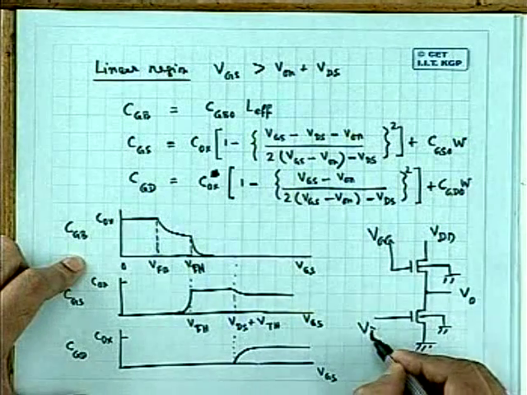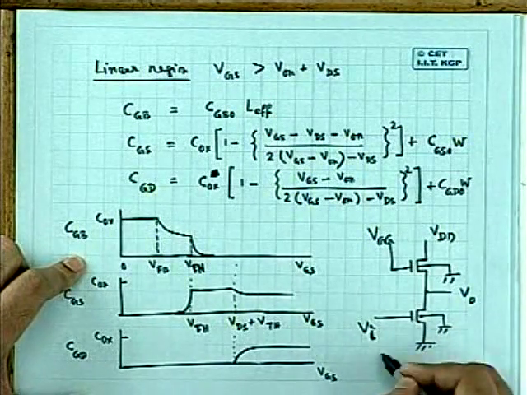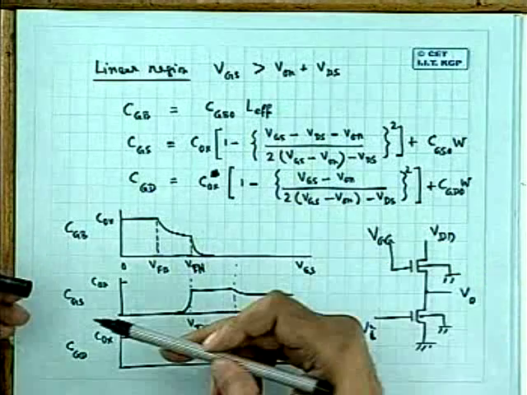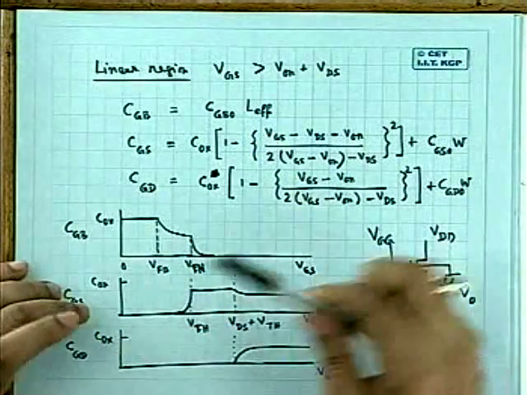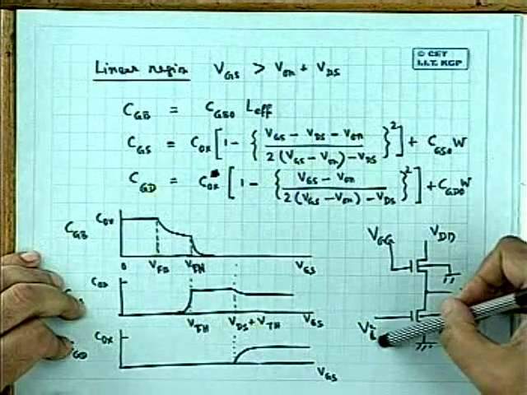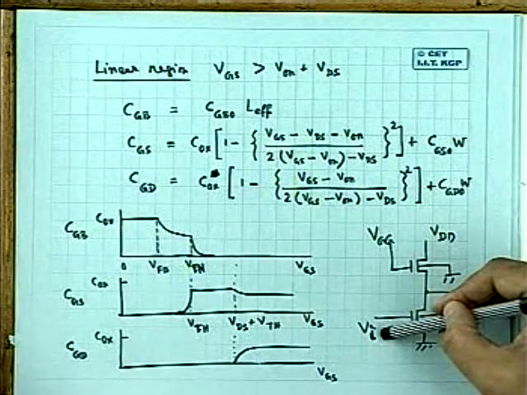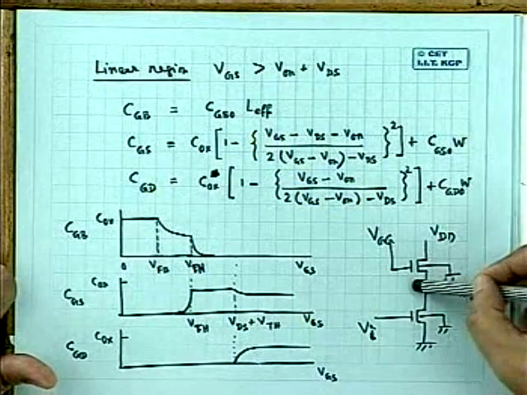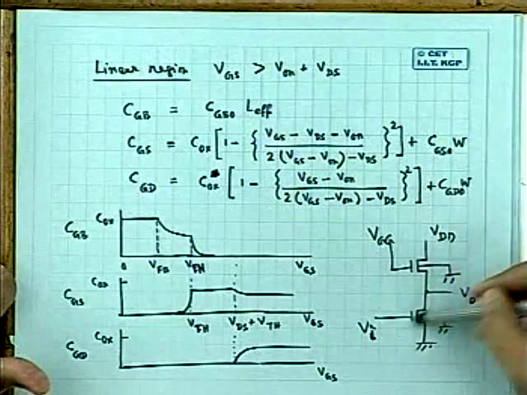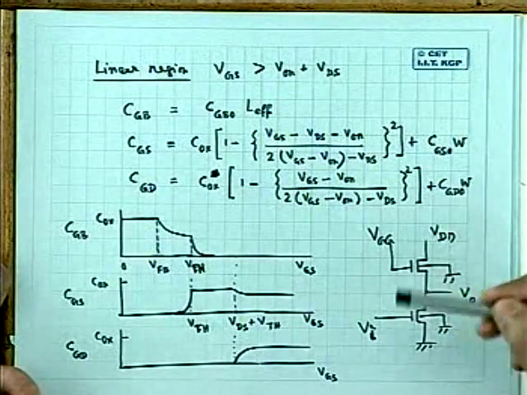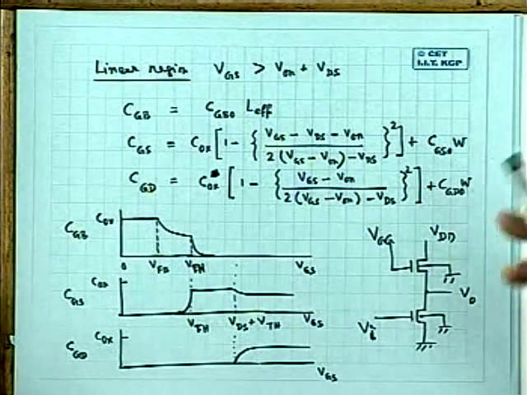If I apply a time varying input, and if I assume that the input is varying slowly, so that ID and VDS etc. are going through some DC values and there is no dynamic thing, that means DC equations are valid.